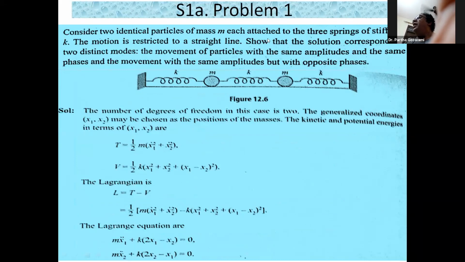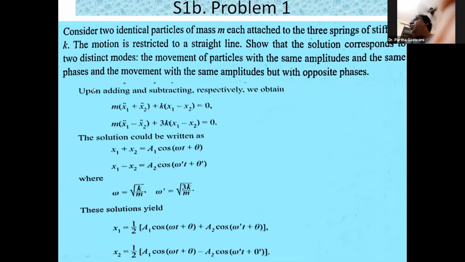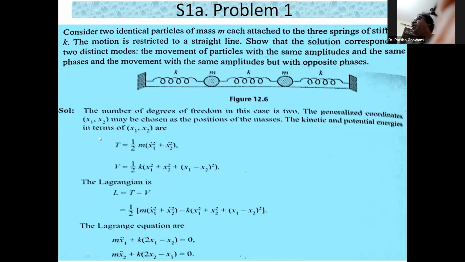My task is to show you, using the Euler-Lagrange equation, that there would be two distinct modes, two distinct eigenfrequencies. In one mode the movement of the particles will be with the same amplitude and same phase. The other mode will be with the same amplitude but opposite phases.